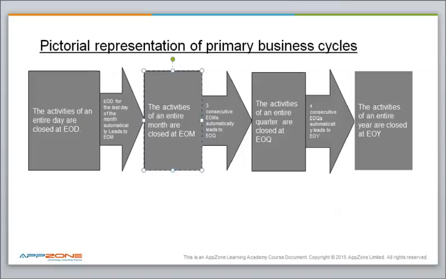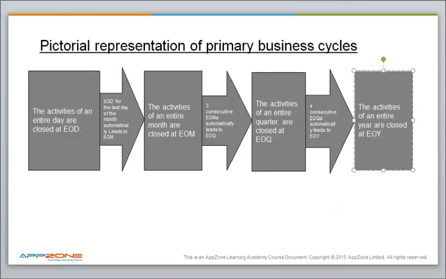The same thing happens to end of quarter. End of quarter business cycle also differentiates activities done within each quarter. So it will be possible for a business to generate a quarterly report. We have 4 quarters in a year, so you can decide to generate a report for the 3rd quarter of the financial year.